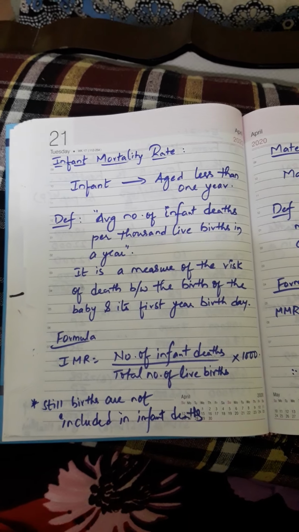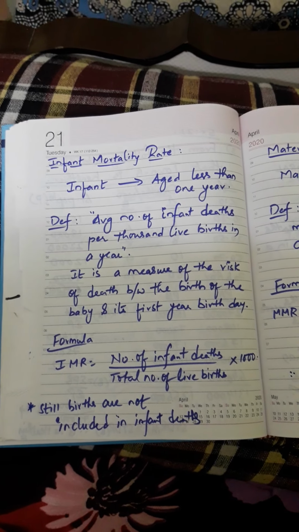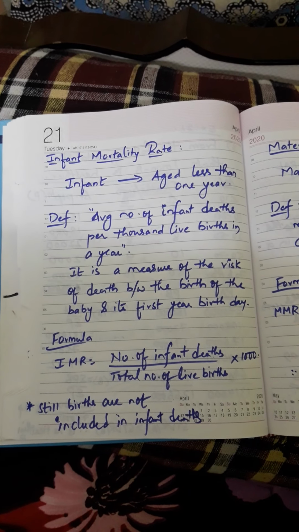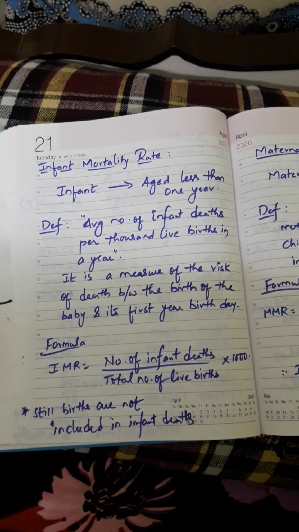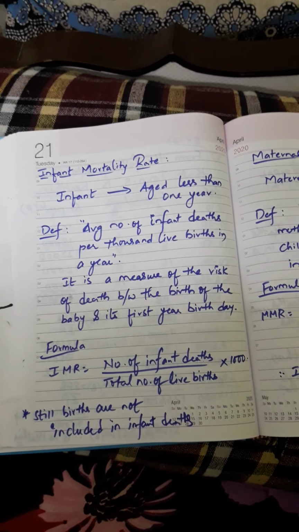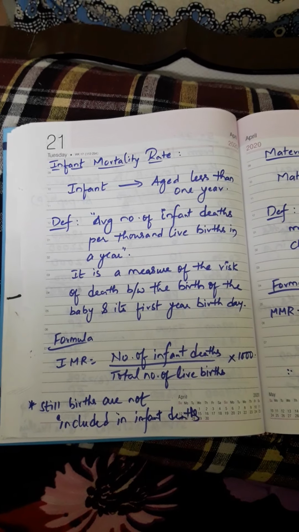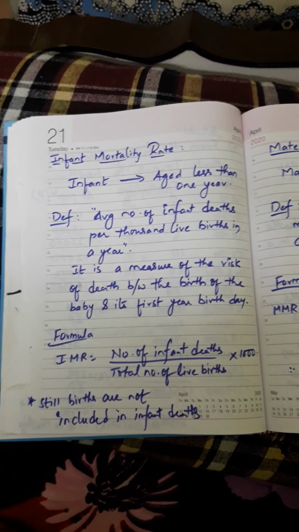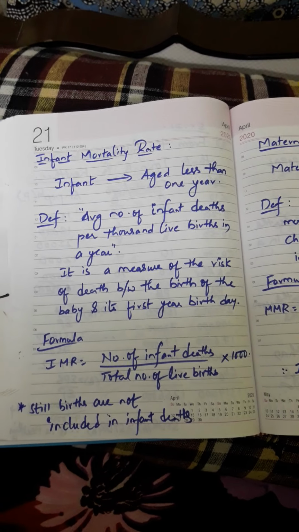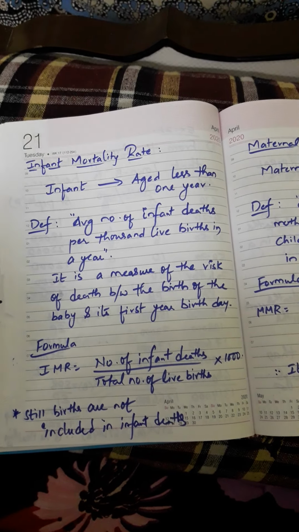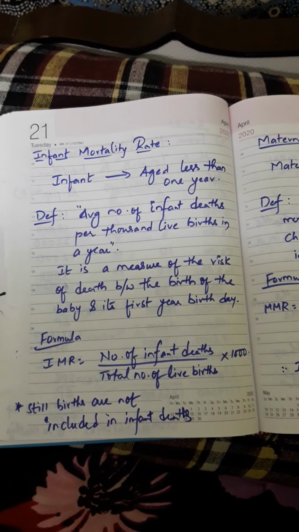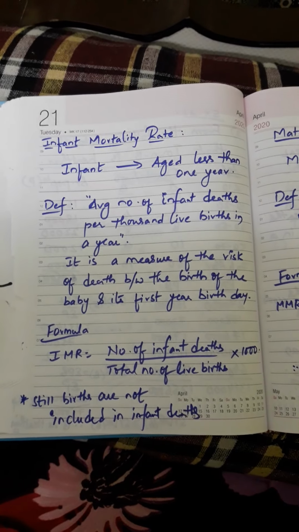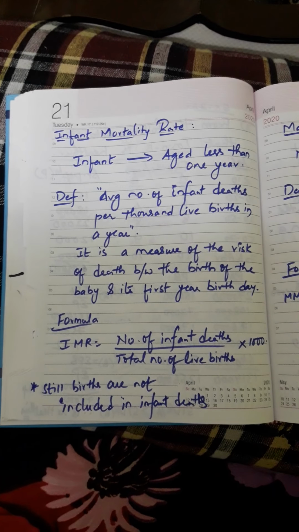It is a measure of the risk of death between the birth of the baby and its first year birthday. Clear? That is the reason I call them infants. From the day of birth to the first year birthday, what would be the risk of the newly born baby? Exactly 12 months.